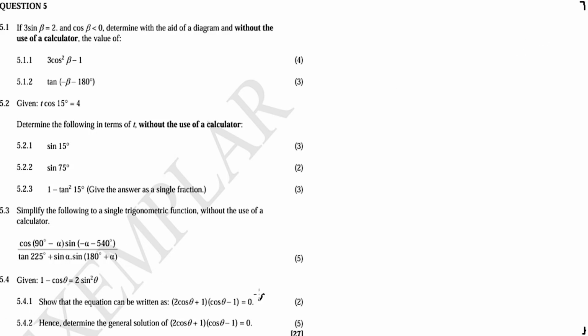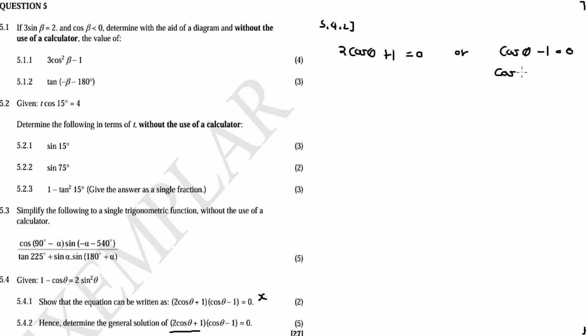Alright, so for the last question, this is the easy part. If you failed to prove this or to get to this point, you can just grab the marks in 5.4.2. We now have what is called the zero factor law. So we find a general solution. This bracket is equal to 0, or the other bracket, minus 1 is equal to 0.